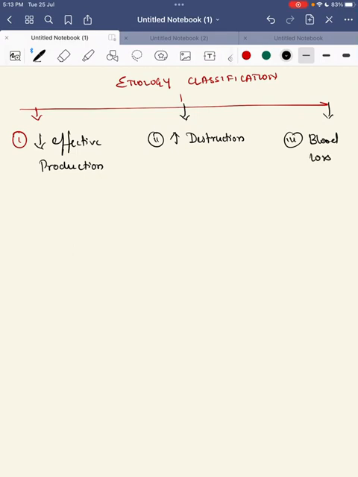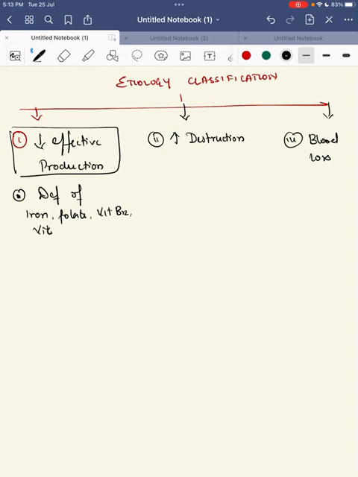This is the main subheading for its etiological classification. Under decreased effective production, we have 3 points. One is there can be due to deficiency. Deficiency of what? Deficiency of iron, folate, or vitamin B12, or vitamin C. How can the deficiency occur?